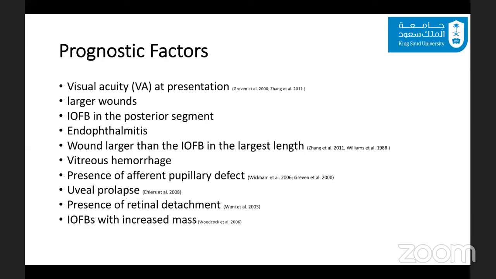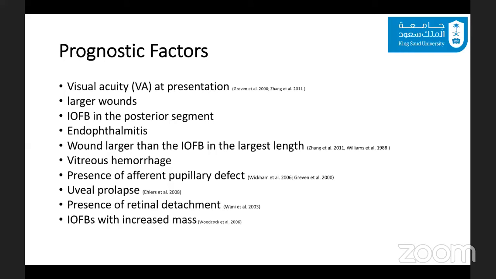For prognostic factors, which should be put into consideration with every intraocular foreign body case and sometimes discussed with the patient, you have the visual acuity at presentation. The better the visual acuity, the better the outcome, obviously. Larger wounds have worse outcome.